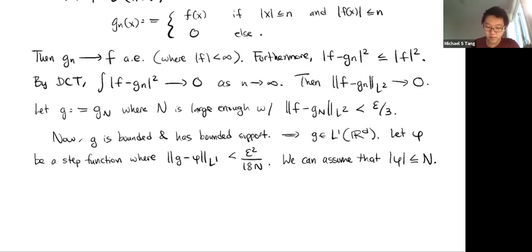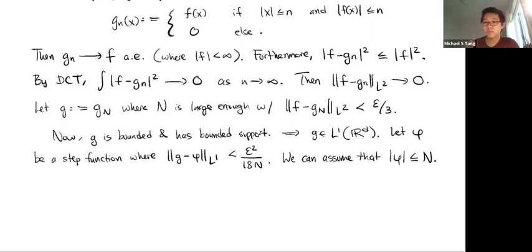The reason is that if it wasn't, then we can just clip phi at absolute value equal to N. So if the absolute value of phi is 2N, then you can divide it by 2, and that only makes it closer to G at each point.